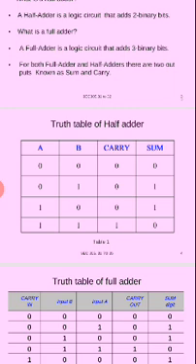Truth table of half adder. It has two inputs A and B, two outputs sum and carry.